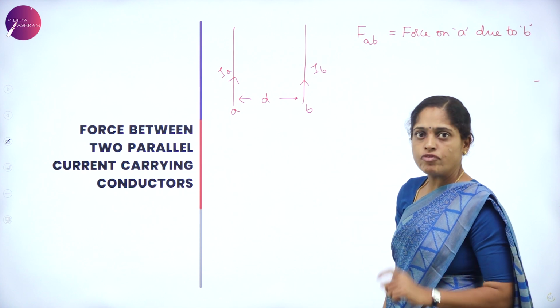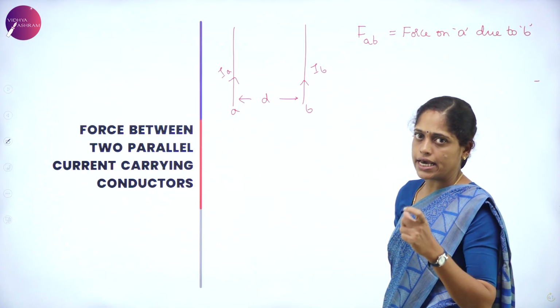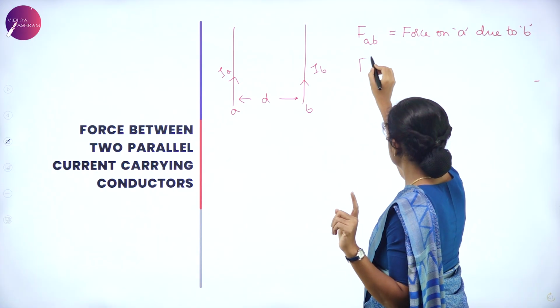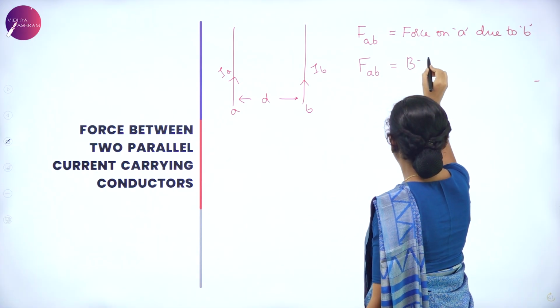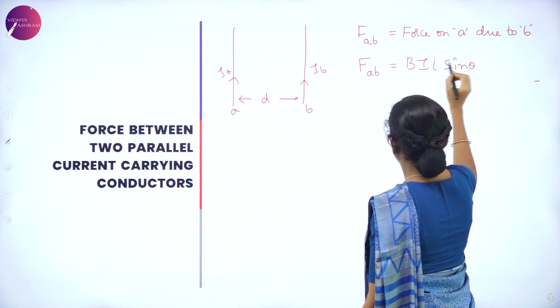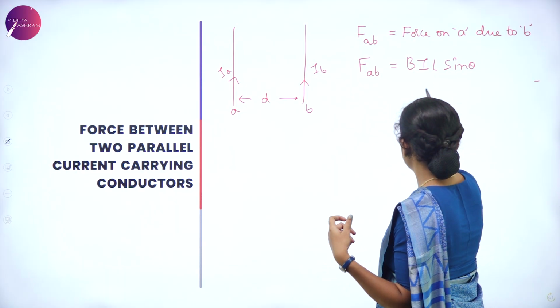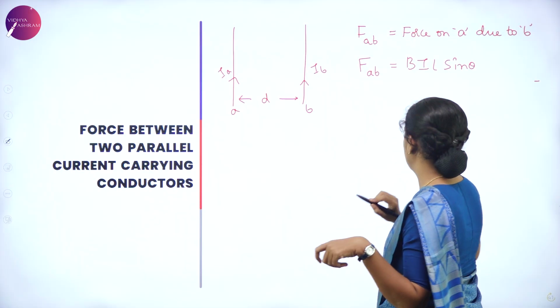What is the expression for the force on a conductor carrying current? This we have discussed in session 1. That is, force is equal to BIL sine theta. B is the magnetic field, I is the current, and L is the length of the conductor carrying current.